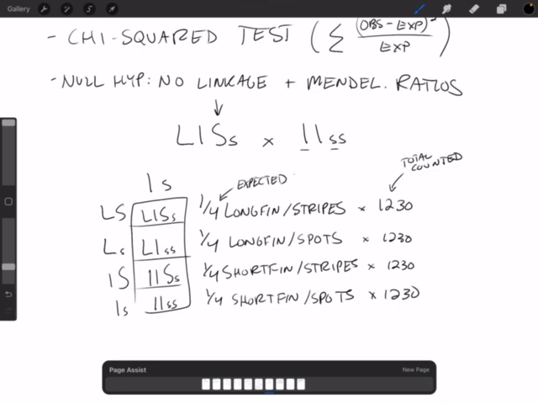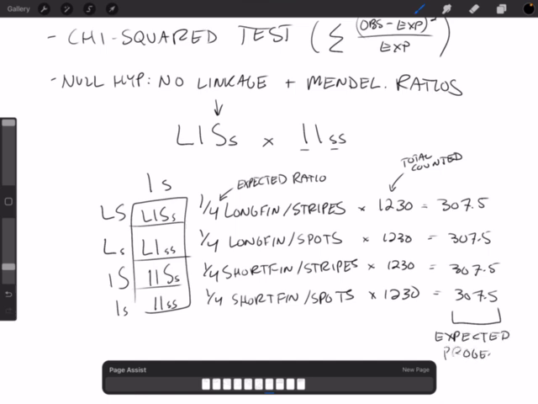And that would give us the expectation that if these genes were completely unlinked, we would have 307.5 of each category of fish. All right, these are our expected progeny.